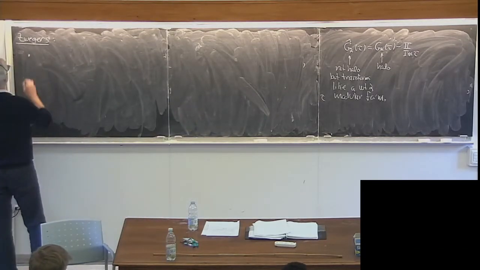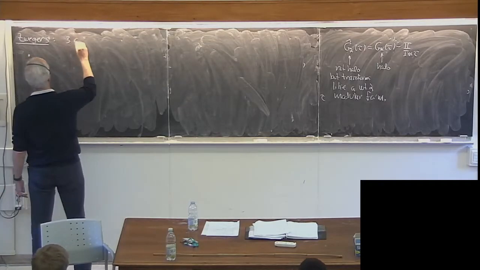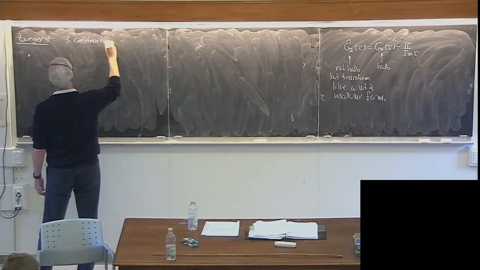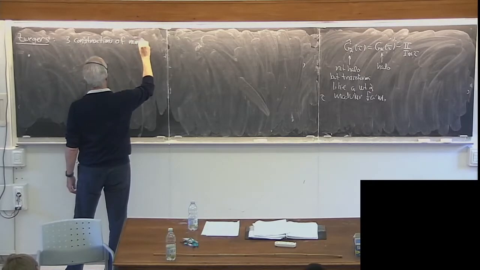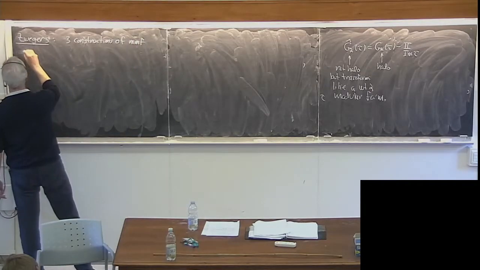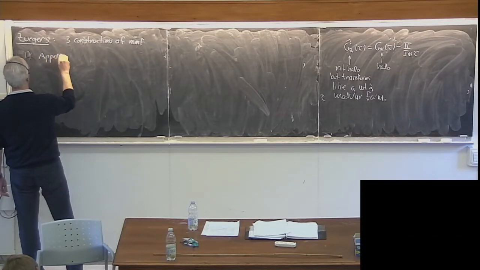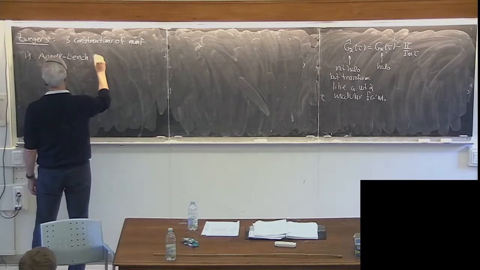So in Swager's PhD thesis, he gave 3 constructions of Mach modular forms. The first was in terms of some sums, which are called Appel-Lerch sums.